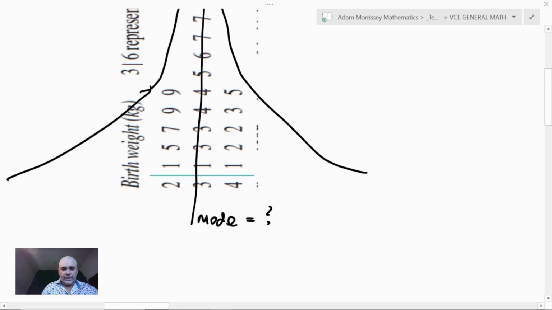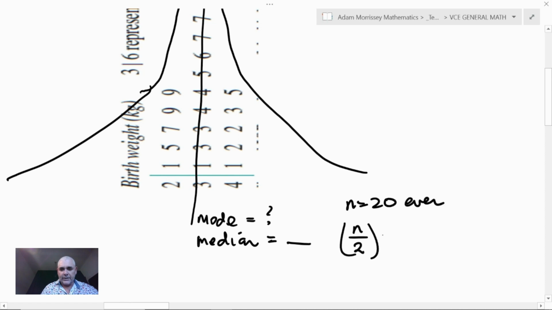We also know that the median is in here. And I'm not sure about that just yet. So we can calculate that. We've got n is equal to 20. And the quick way around the block here is that's an even number. So we can use this formula here, 20 divided by 2 is equal to 10.